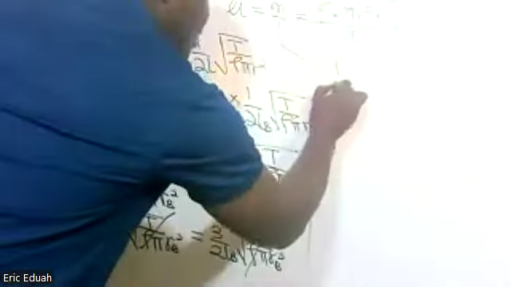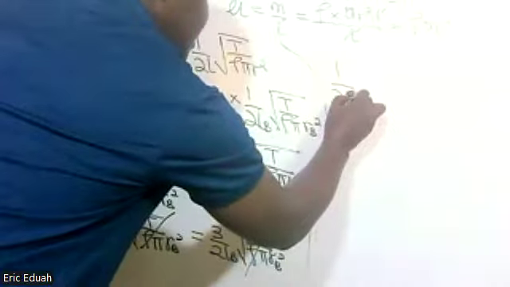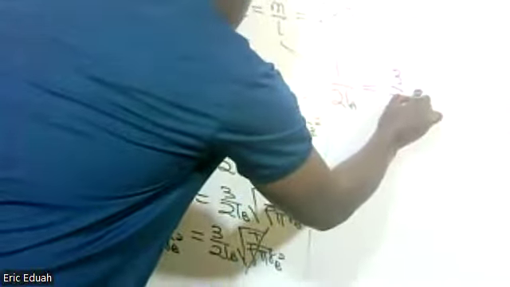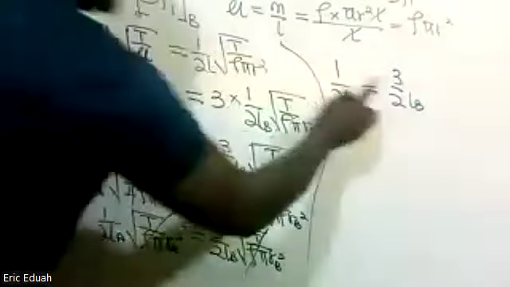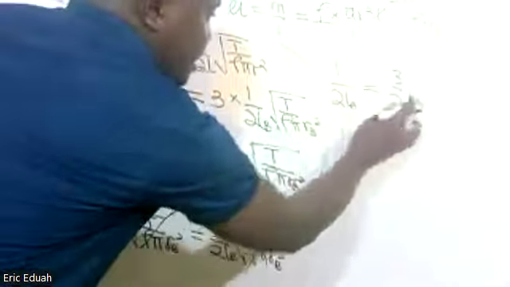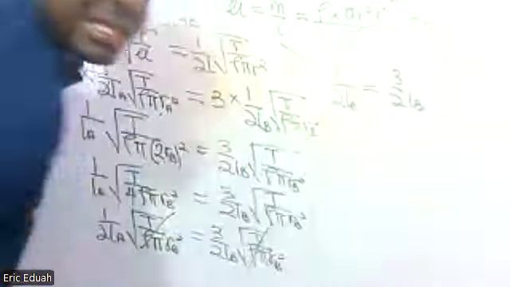So that we'll eventually have 1 over 2 LA is equal to 3 on 2 LB. So that if we want LB on LA, we send LB to this side.